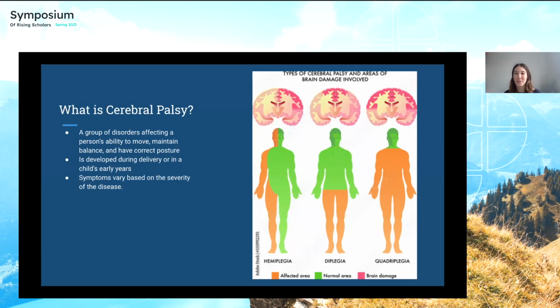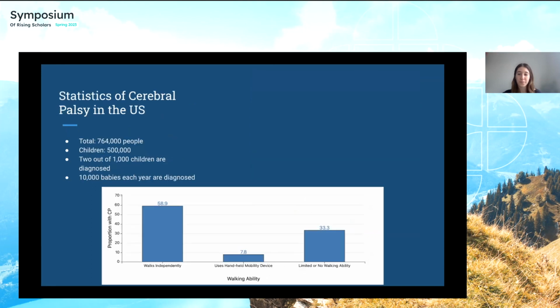Diplegic is essentially the same thing, it just varies based on vertically non-functioning or horizontally non-functioning. And lastly is the third patient, who is a quadriplegic. This means their entire body is affected and only their head is able to move. If you look above the figures, there's the brain, and the hot pink areas are the affected areas.